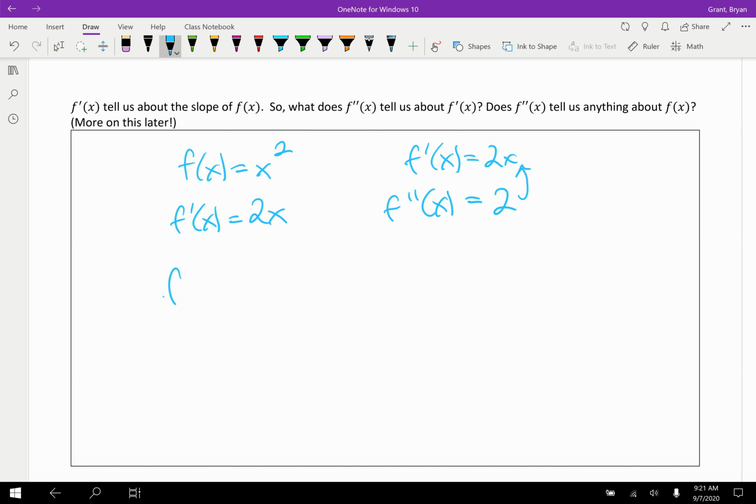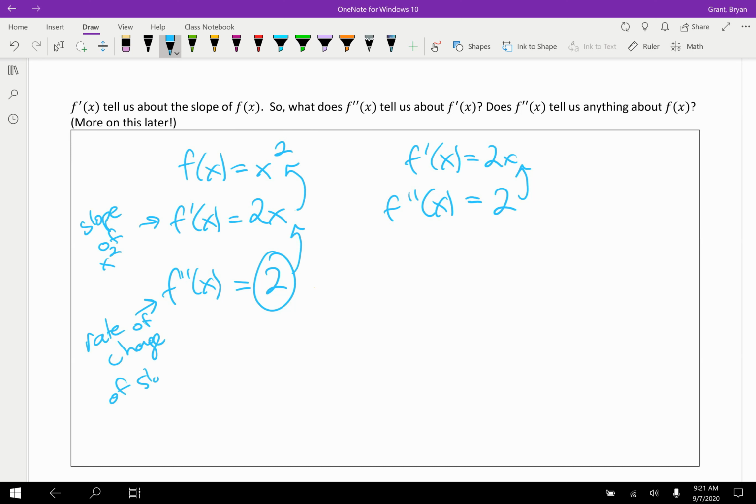But could we bring that back to f of x? Well, this is telling us the rate of change of the rate of change. So it's telling us how fast the slope of x squared is changing. So this is the slope of x squared, and then this is going to be the rate of change of the slope of x squared.